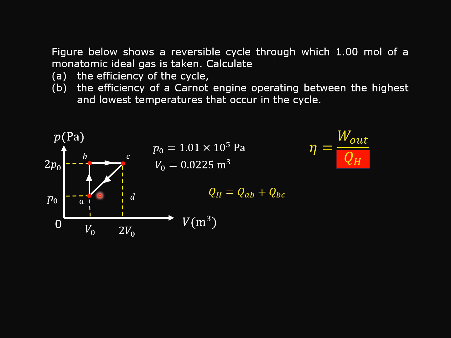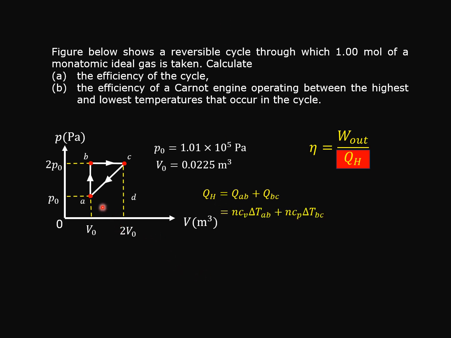For the process from C to A, the heat is removed from the gas, so it is not part of QH. So to evaluate the efficiency of this cycle, to find QH, we need to find QAB and QBC, and sum them up, and we will get QH.